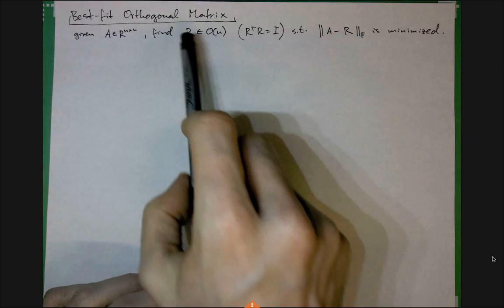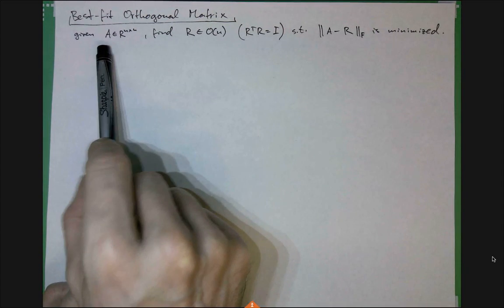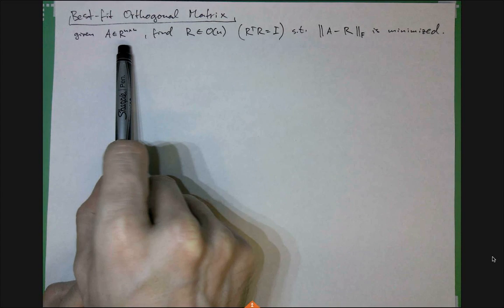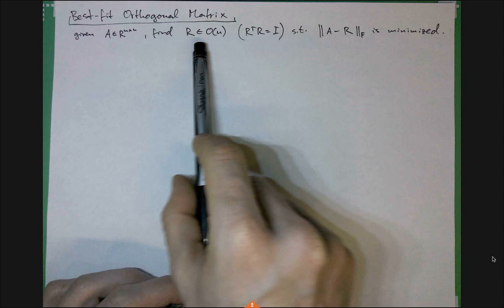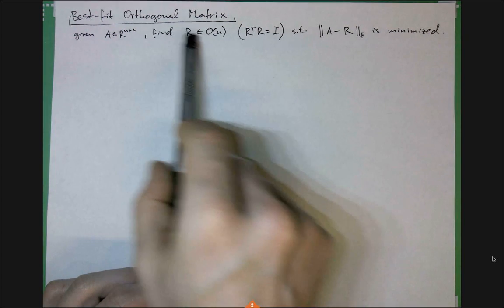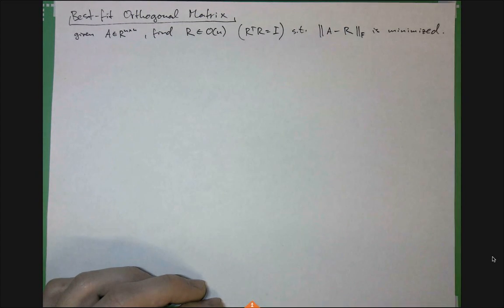So in other words, we are given an arbitrary real square matrix A, n by n, and we are asking what is the orthogonal or orthonormal matrix which is as close as possible to A.